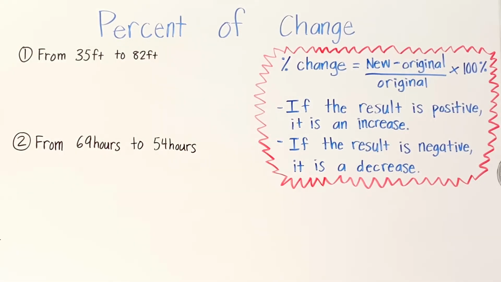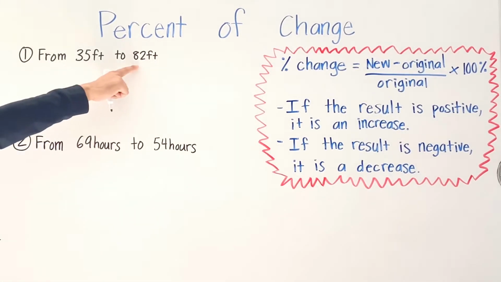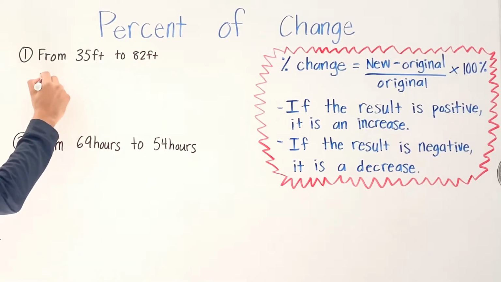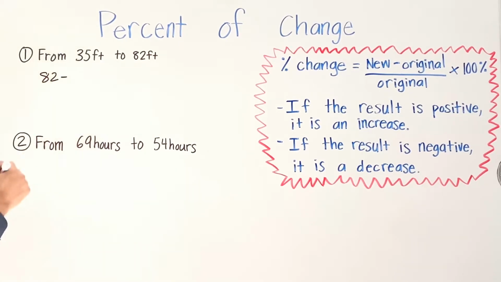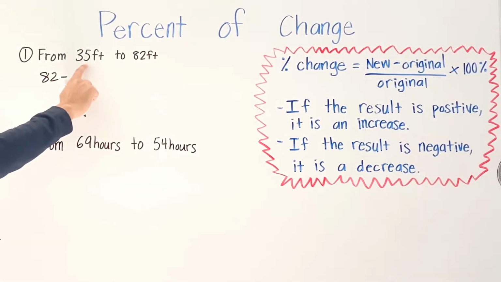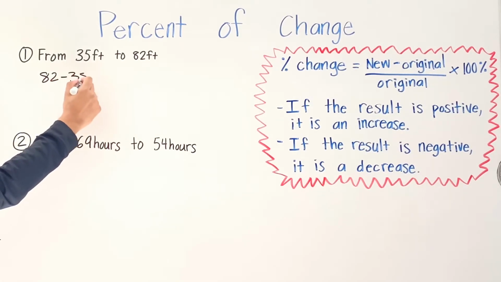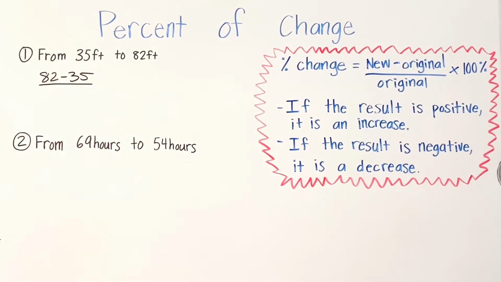So for number one, we're going from 35 feet to 82 feet. Following the formula, we look for the new one, which is 82. So we're going to have 82 minus our original, which is 35, divided by our original, which is 35.